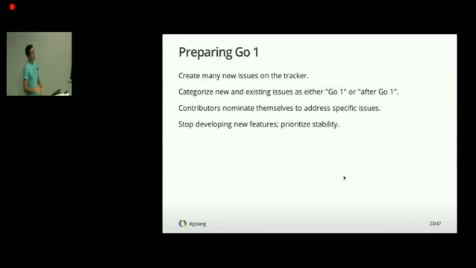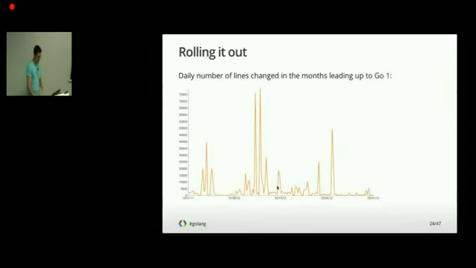And then everybody in the community and on the team would just nominate themselves to do certain tasks. And this worked really well. We declared a moratorium on new features, which kind of kept getting pushed back until we finally declared a moratorium on the moratorium. And then we stopped developing the new features and prioritized stability, and you can see the process of that here.